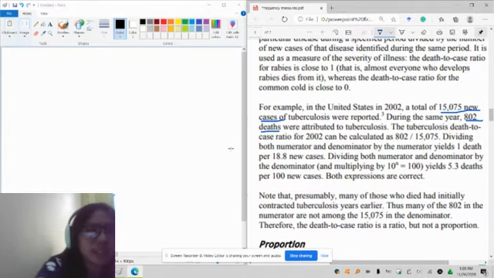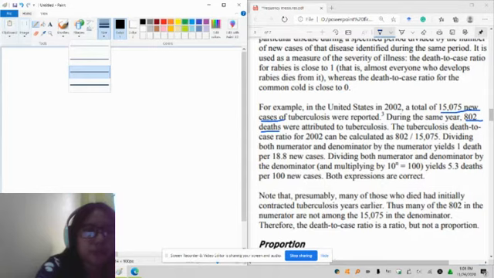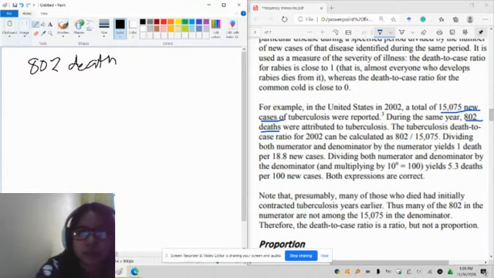Let us just copy that value here. So 802 is the number of deaths and 15,075 new cases.